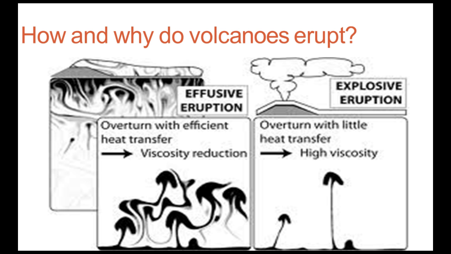Number 2, radioactive decay of elements found in the mantle and core of the Earth. All elements on the Earth are constantly in a state of decay, and when they do, they give off heat. We'll talk more about radioactive decay a little bit later in this class.